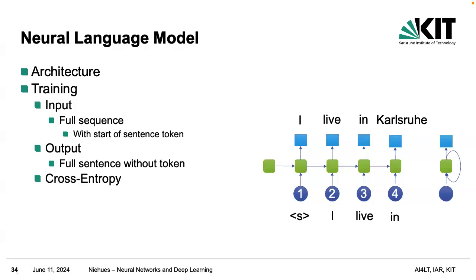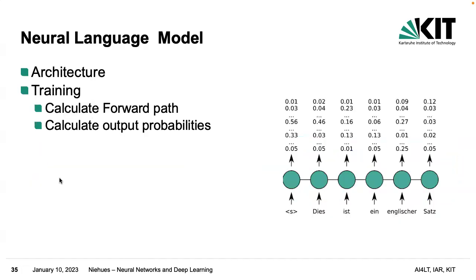So more in detail, how these steps work. If you give an input sentence here, like "this is an englischer Satz", you calculate your forward pass, and at the end of your forward pass, you have the probability distribution.